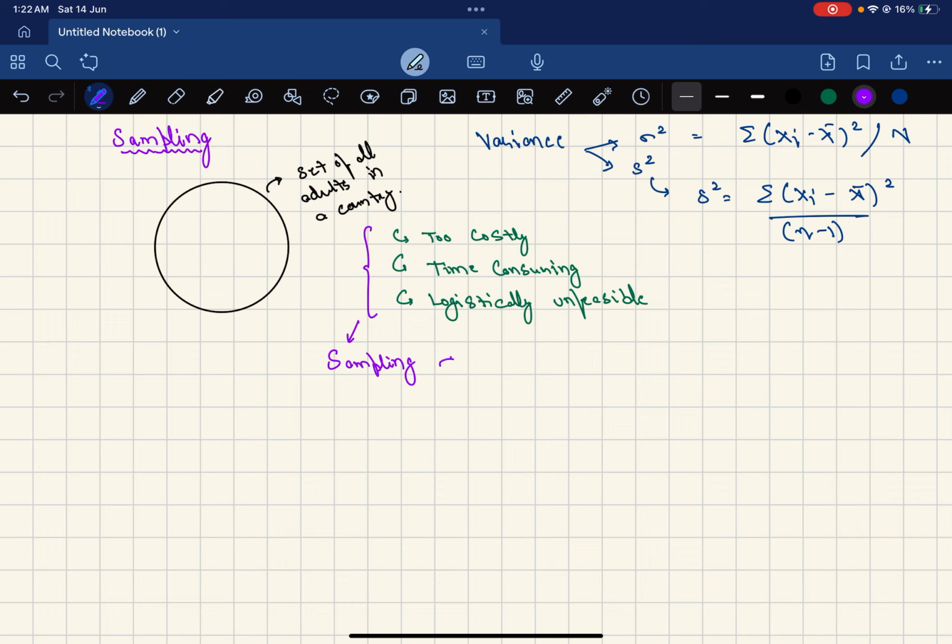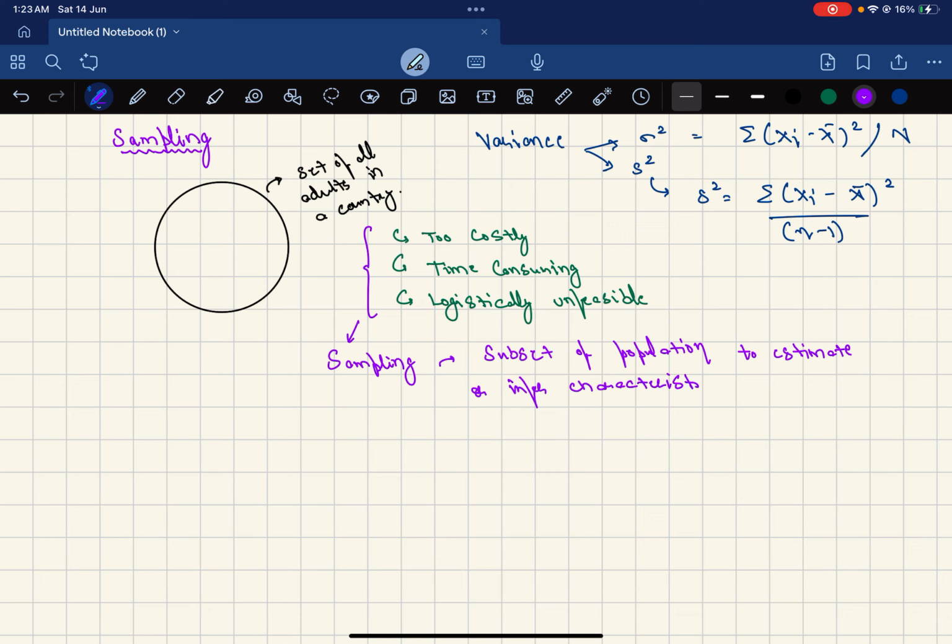So in sampling, instead of taking all the adults in the whole country, we take a subset of the population to estimate or infer characteristics of the whole population.